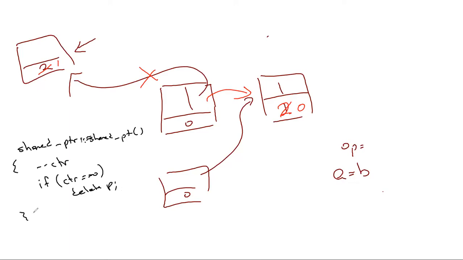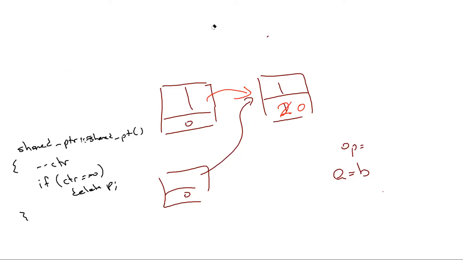Now, notice what it's doing. It's decrementing. If 2 pointers are pointing at the same location, which is perfectly legal, and over here, for example, it says 2, and 1 gets deleted because it went out of scope, then this will get deleted, and this will go down to 1.